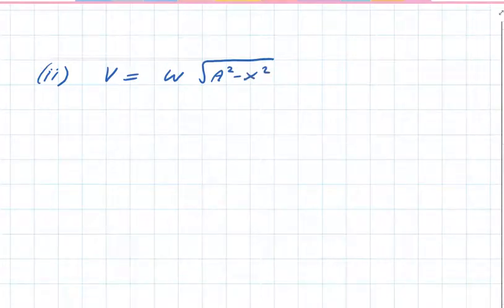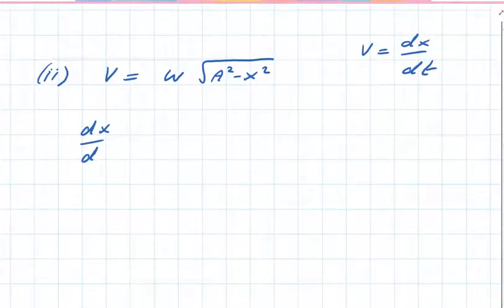And we can now go back to our definition of V, which is basically velocity is distance over time, or displacement over time, rate of change of displacement. If you write that in derivative form, it's dx/dt. So now V is dx/dt. And we go through our same 3 steps again, which are separate, integrate, and initial conditions.